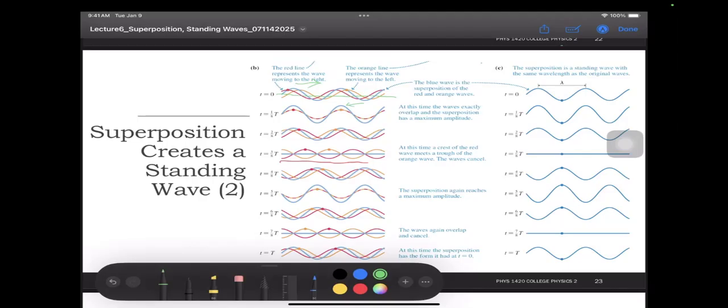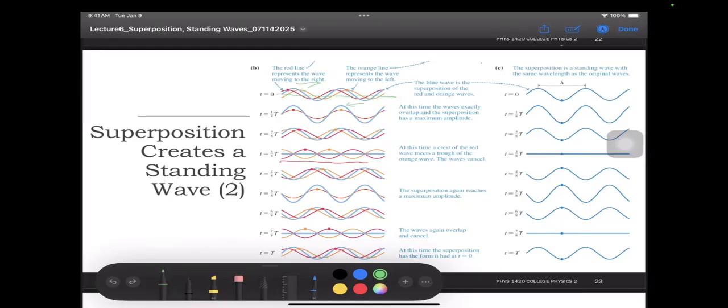Every point in the blue wave is the superposition of the yellow one and the red one. Every point in the blue one is the red one plus the orange one.